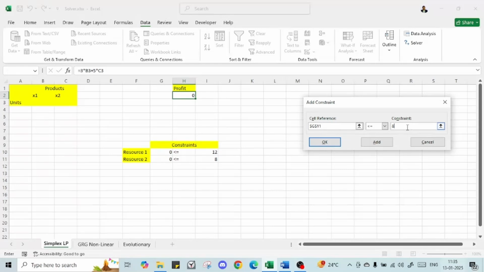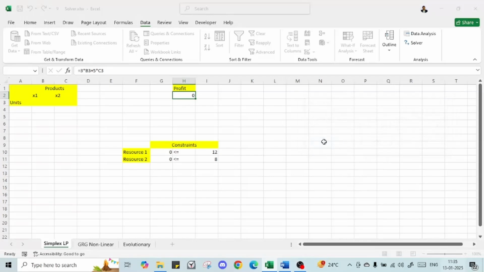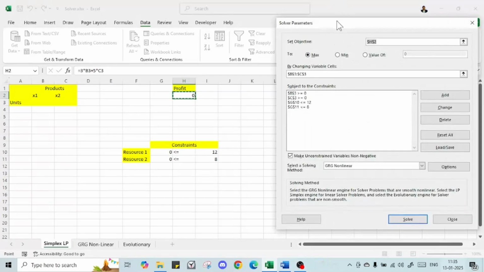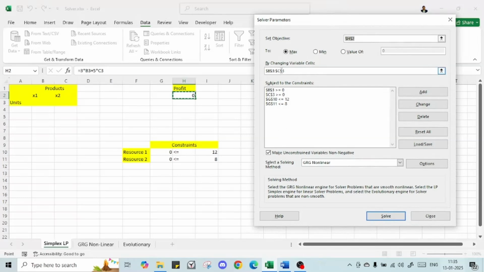Resources cannot be negative, so we also add X1 greater than or equal to 0 and X2 greater than or equal to 0. Now click OK. We gave the constraints and set the objective function to maximize by changing variables.